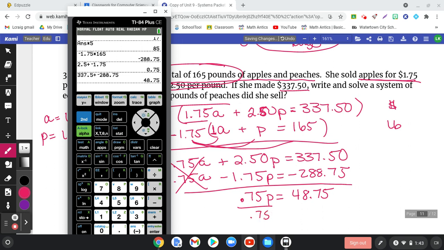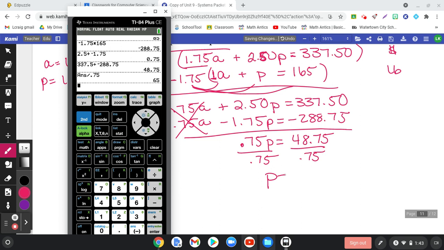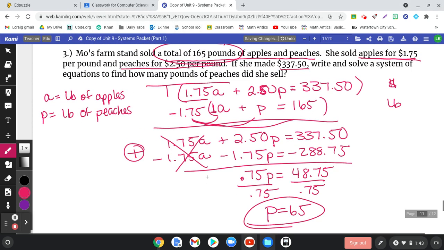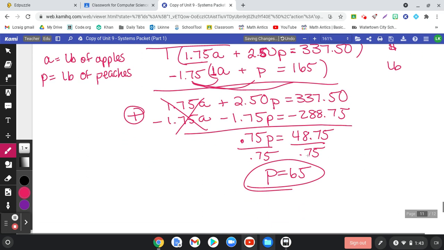Divide by 0.75. Exciting stuff, I know. 65. So there's 65 pounds of peaches. It says, how many pounds of peaches? It doesn't even ask us for apples, so we don't even have to plug back in. If it did, we could plug it in for P and solve. And if you look up here, if there's 165 pounds total, that means there's 100 pounds of apples. So there's 65 pounds of peaches, and you're done.